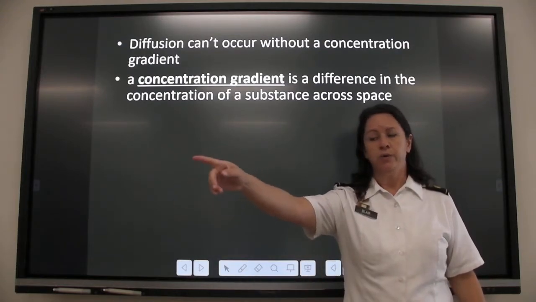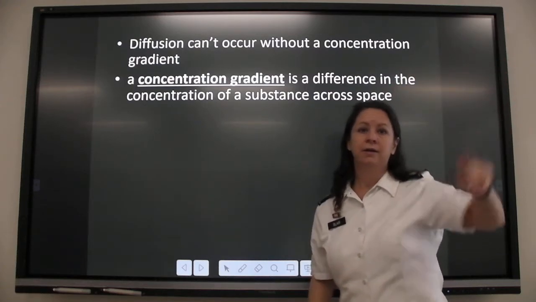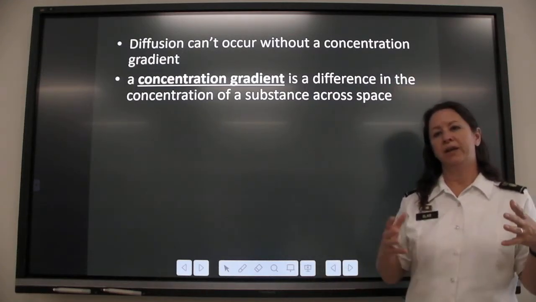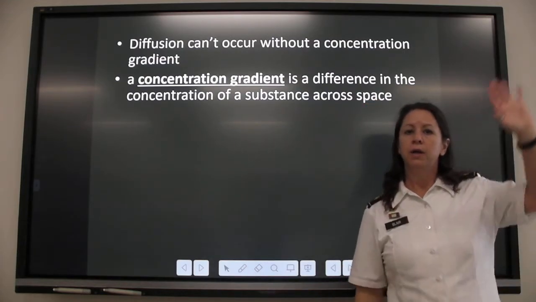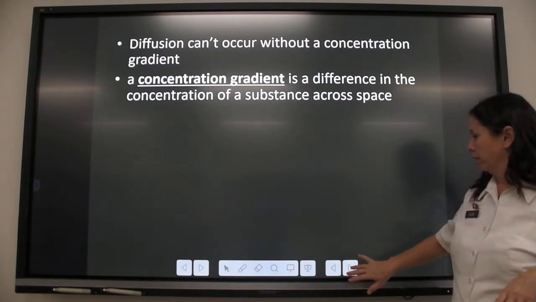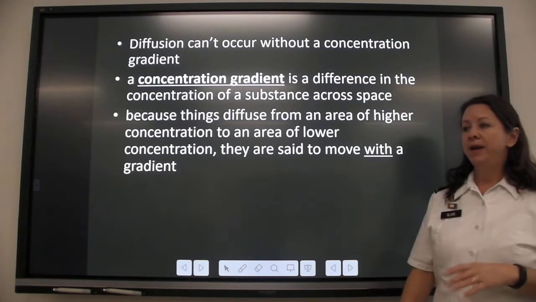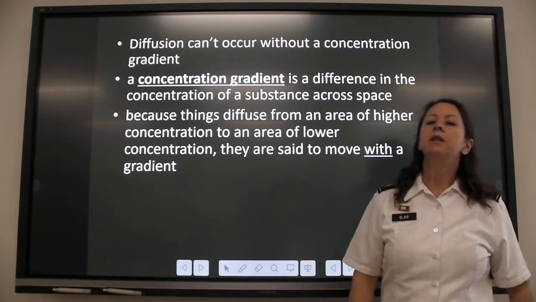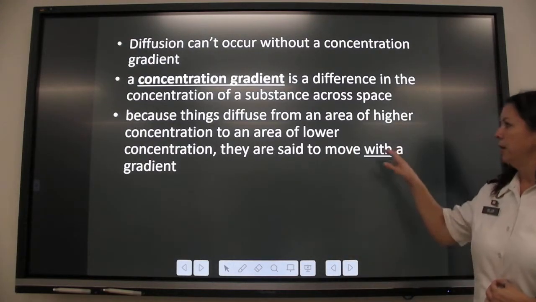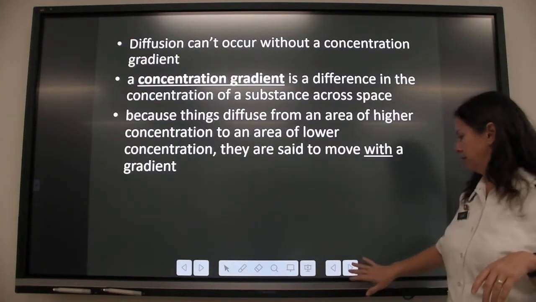Everybody sitting right around them smells it immediately. But the person back in that back corner is not going to smell it for a few minutes. That's your concentration gradient, because you have a lot of it in the front corner and none of it in the back corner. And since things diffuse from an area of high concentration to an area of low concentration, they are said to move with the gradient.